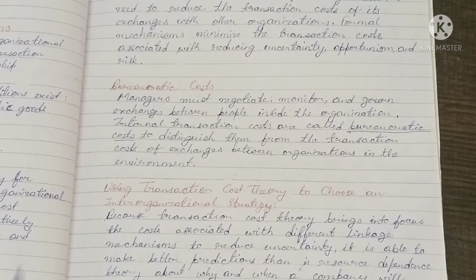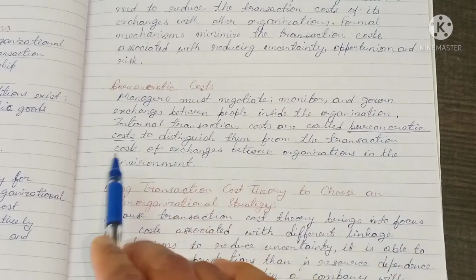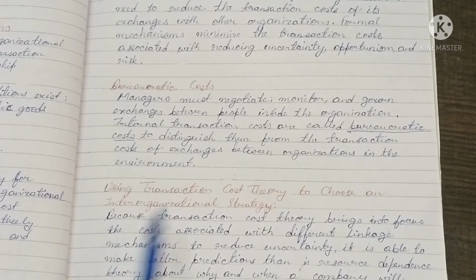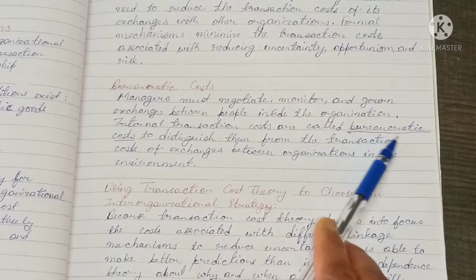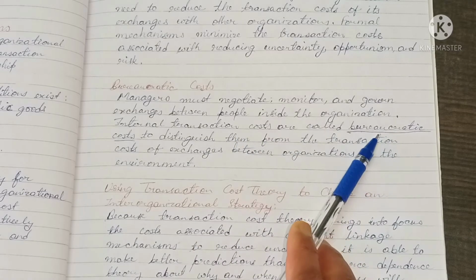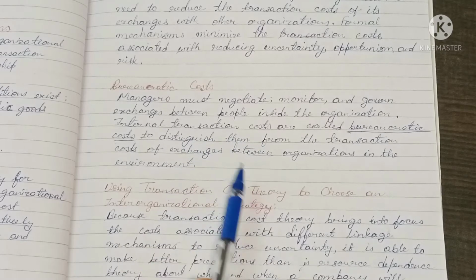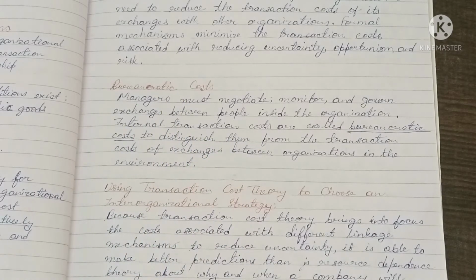And here, in the case of bureaucratic cost, it is the cost of monitoring and governing exchanges between people inside the organization. So internal transaction costs are called bureaucratic costs. Internal transaction cost means the transaction costs which are due to transactions or exchanges among different people inside the organization.